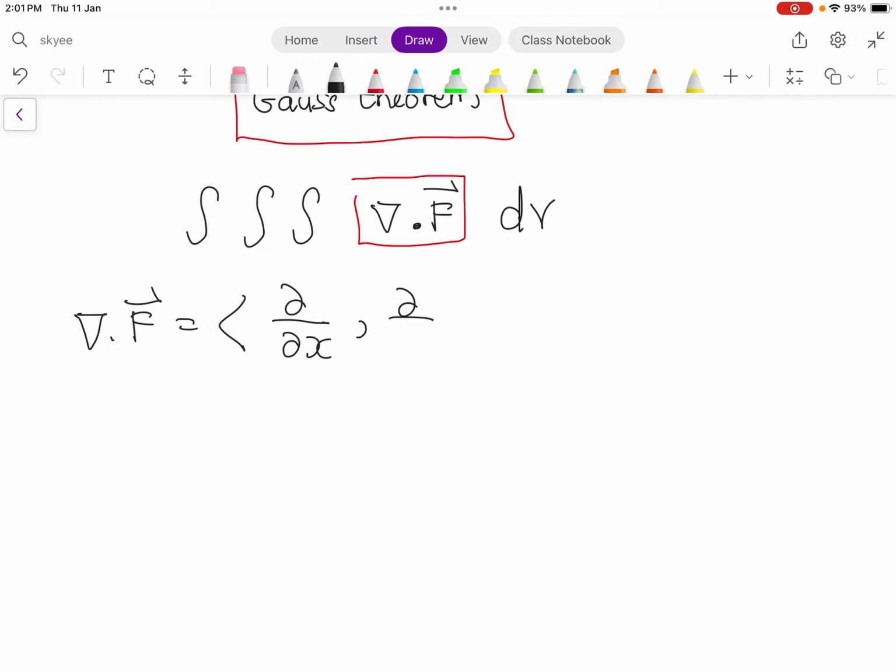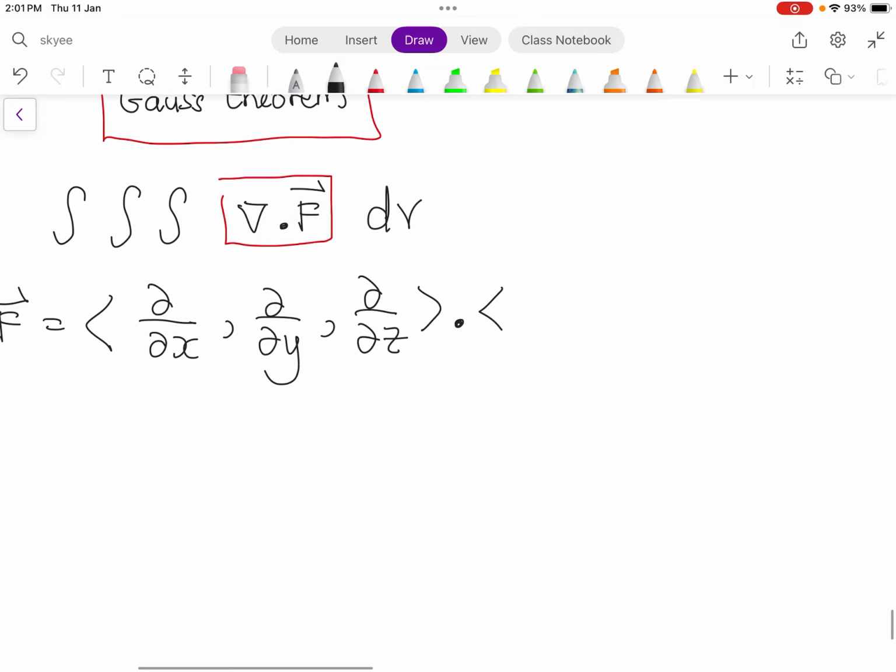Del dot product with the F. F is x to the power 3, negative 2y, and 7z.